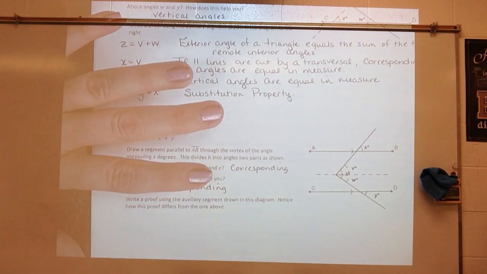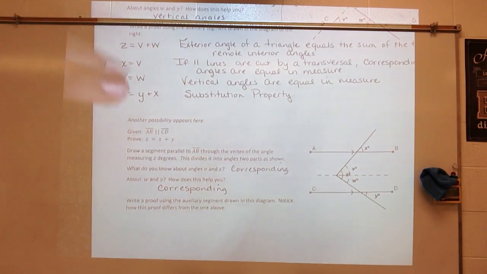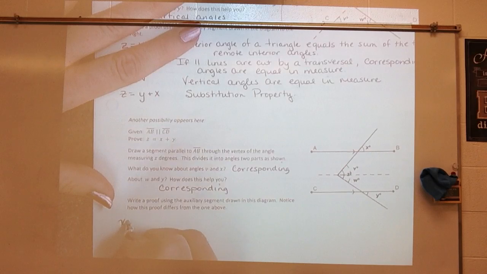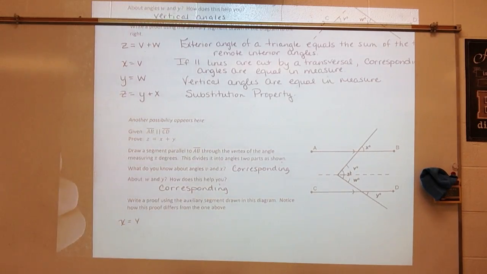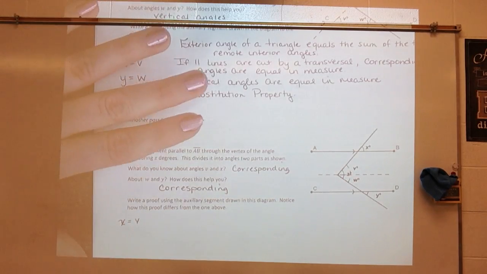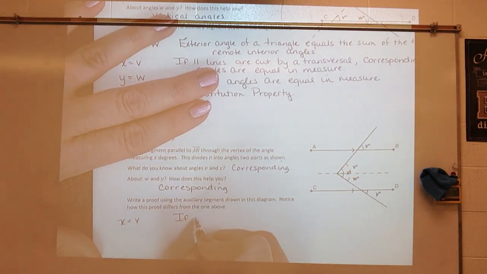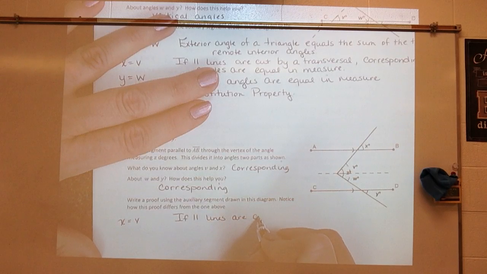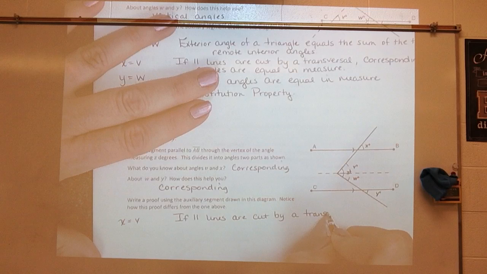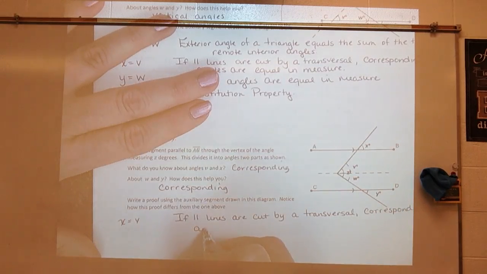All right, so I'm going to start off with immediately, I know X is equal to V. Why do I know X is equal to V? Because if parallel lines are cut by a transversal, corresponding angles are equal in measure.